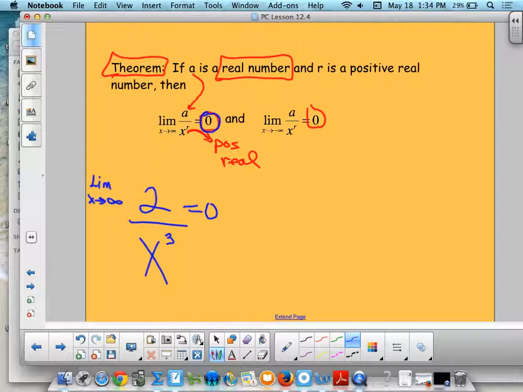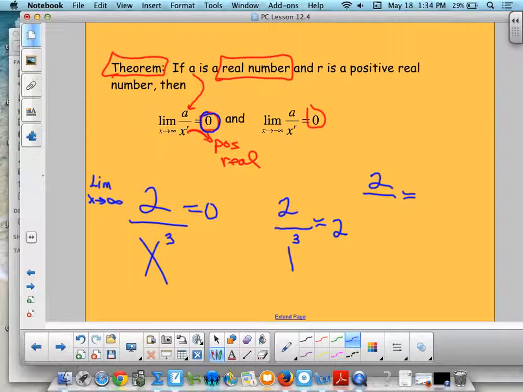Is it truly 0? Let's just try a couple problems. Let's let x grow. Give me a number we can let x be. 1 cubed. What's the answer? 2. Okay? So far we're at 2. Then let's do 2 over... Get bigger than 1, guys.